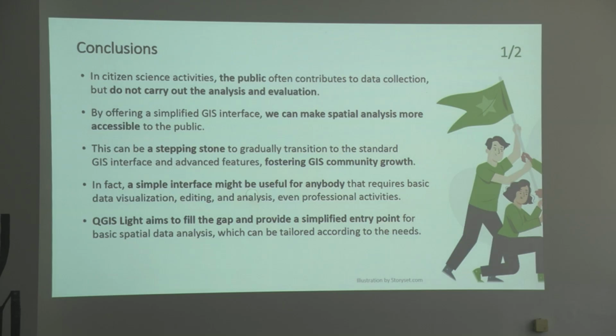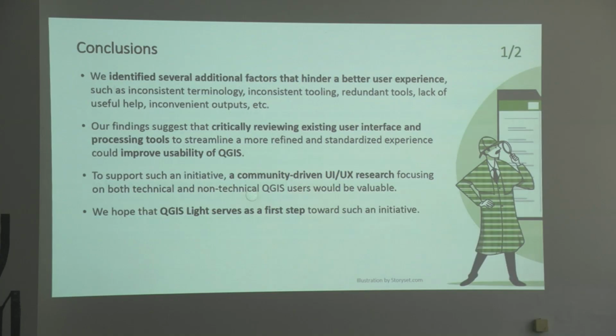So as conclusions, in citizen science activities, the public most of the time contributes to data collection, but unfortunately cannot take part most of the time in data analysis, so they cannot be citizen scientists. If we can lower the barrier, this might be possible. And we think that the QGIS Light extension can really help to fill the gap and provide a simplified entry point for that purpose.